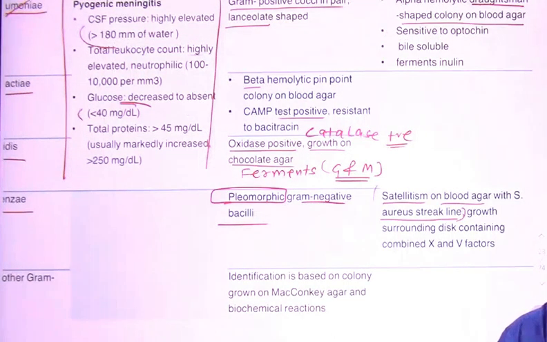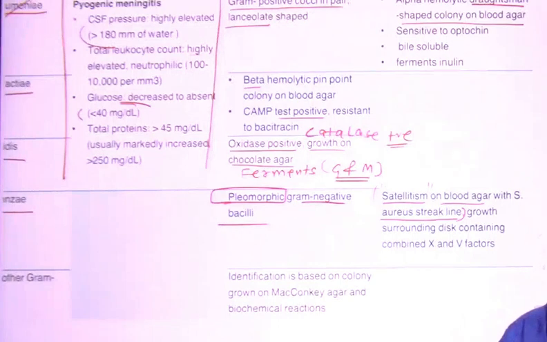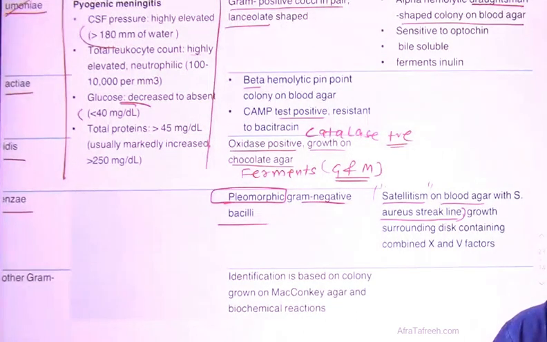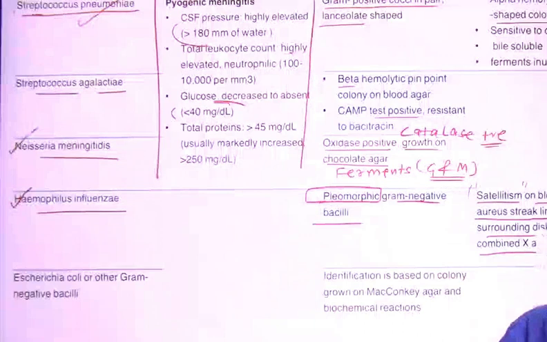That I already discussed in the bacteriology. Satellitism means that it looks like satellites around the Staph aureus streaks. Okay, they increase in size and number. Okay, and the growth surrounding the disc containing the combined X and V factors. Okay, hemin and NAD, that you already know. Regarding the Haemophilus influenzae, this is important to remember that it is pleomorphic, changes shape.